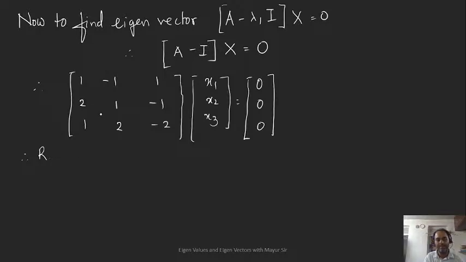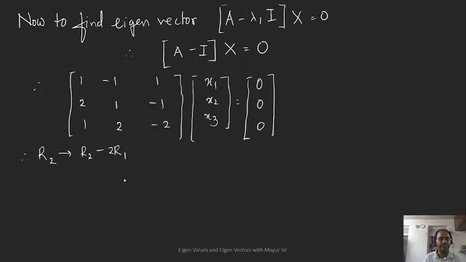I can see some kind of similarity between the first and the second and the third row, right? So we will try to manage that, but now we do the row transformation. So r2 changing to r2 minus 2r1.